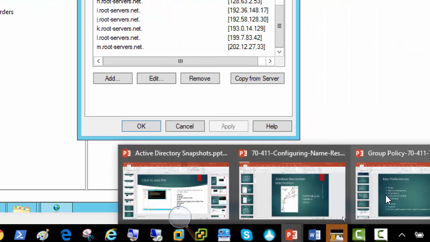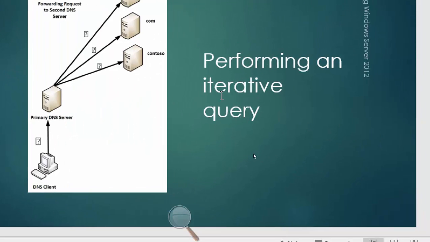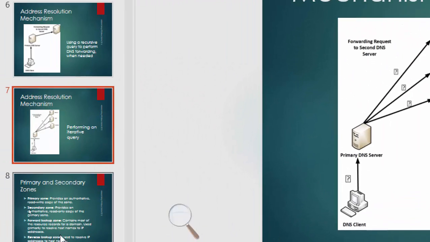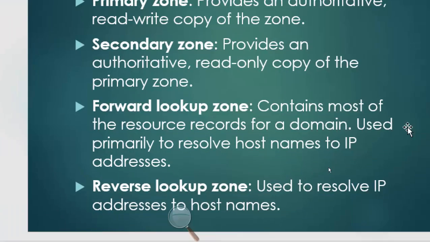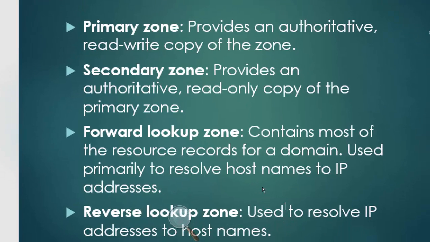So if you go ahead a little, that's the iterative query. Anyway, it's going to go to the last level to search for you. So then there were primary zone and secondary zone.